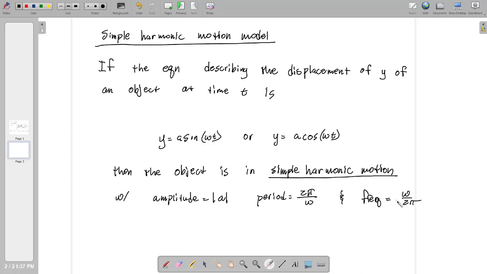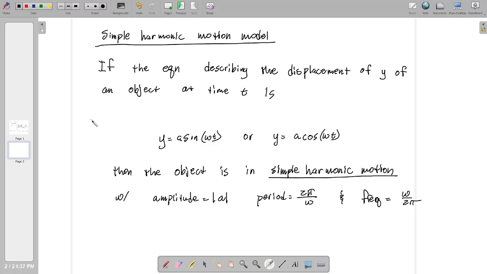Notice that the frequency is 1 divided by the period. It's just the reciprocal of the period. But the frequency is measured in cycles per second. That's why we defined what a cycle was. 1 full period per second, per unit of time. That's how frequency is measured.